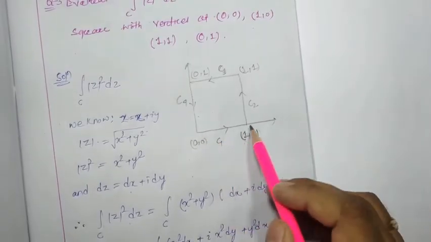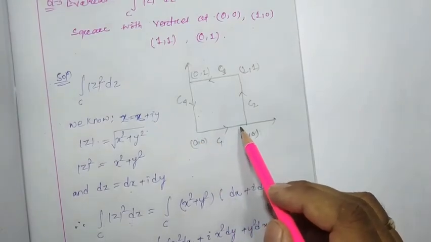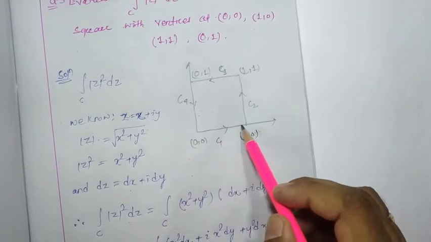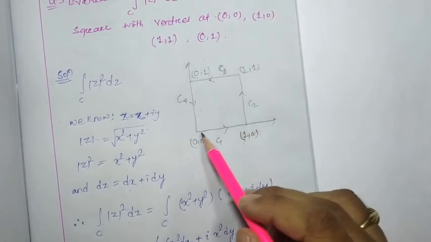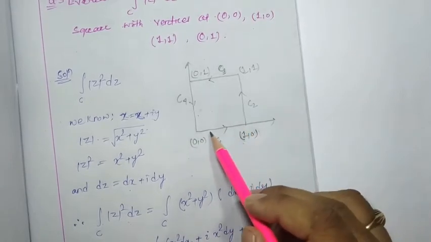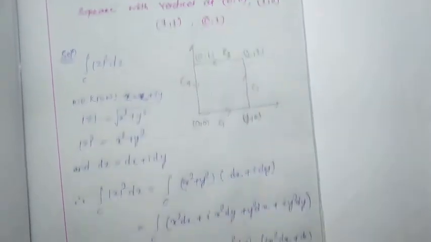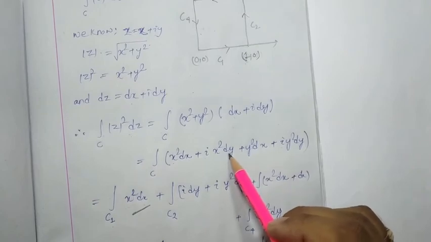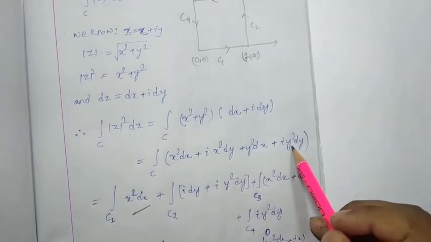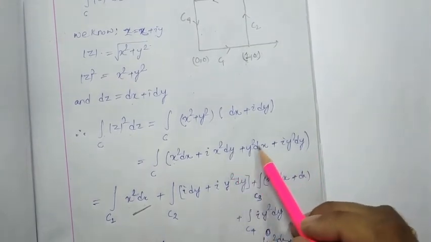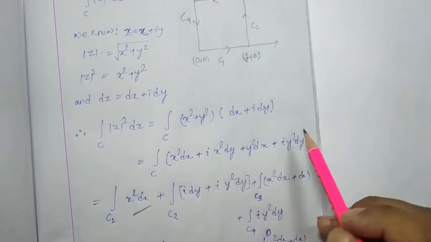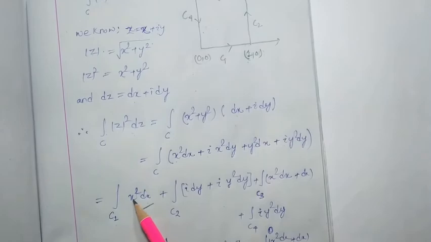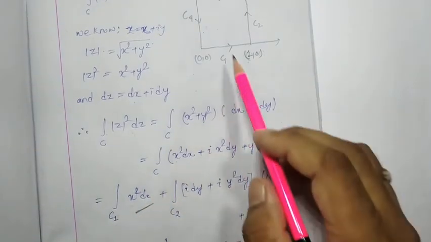Along C1, which one changes and which one is constant? See, along C1 y value is 0, so obviously dy equal to 0, only x changes from 0 to 1. So wherever the term y or dy is there, these three terms will be equal to 0 along C1. So only one term is left, that is x square dx along C1.